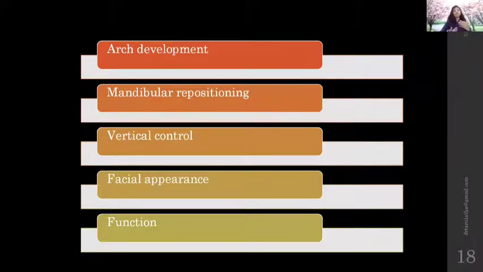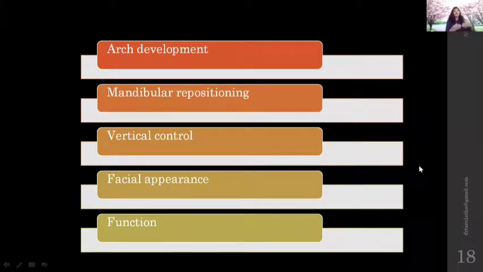How are these going to be possible? For example, arch development is brought about by incorporating maxillary expansion so that the maxilla expands and your arch is developed. Mandibular repositioning, as I told you, the condyle gets unloaded from the glenoid fossa, so your mandible is repositioned.